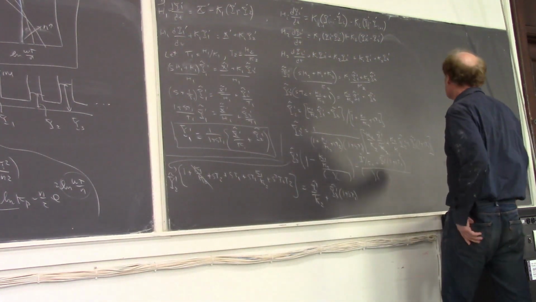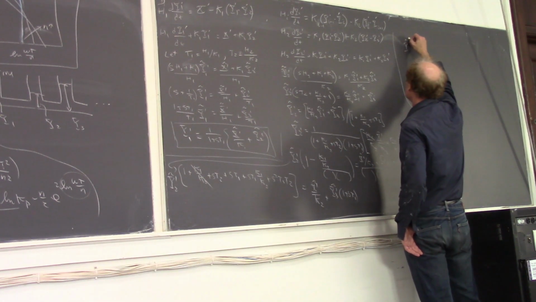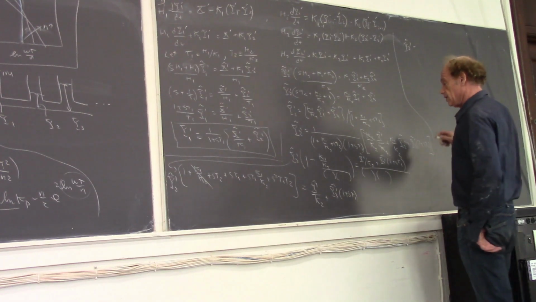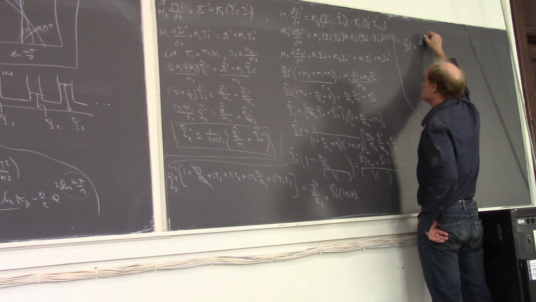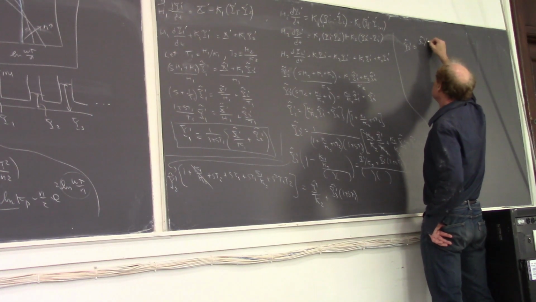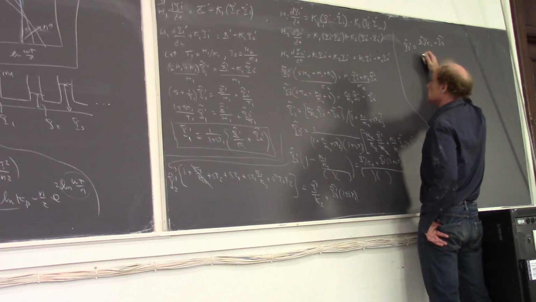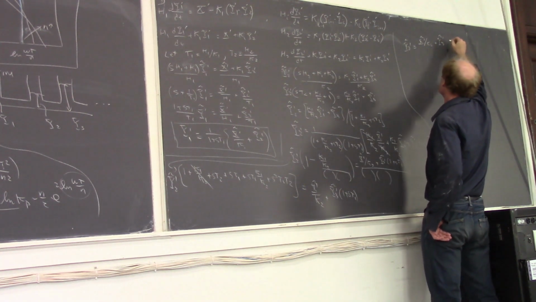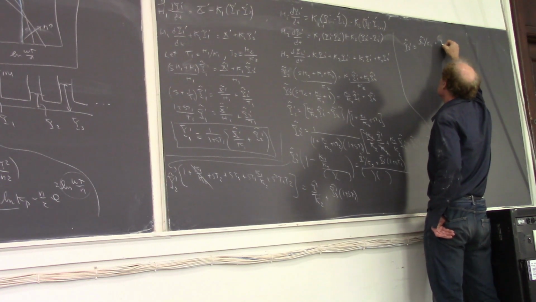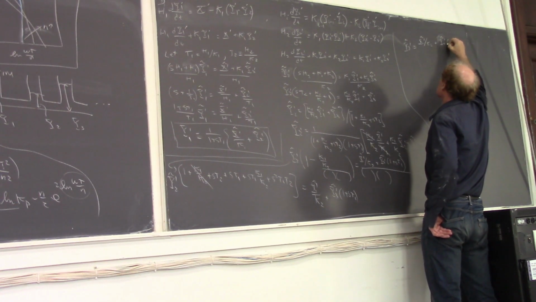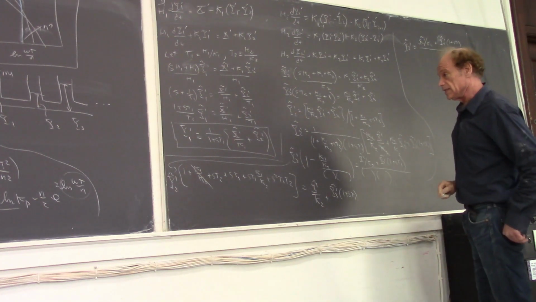So as a result, I have y3 prime tilde is equal to x prime tilde over k2 plus y3 prime tilde, all of that times 1 plus s, divided by, let's see, this denominator.